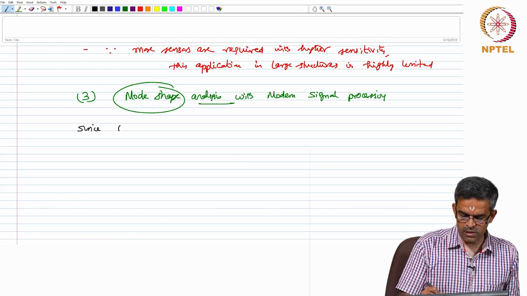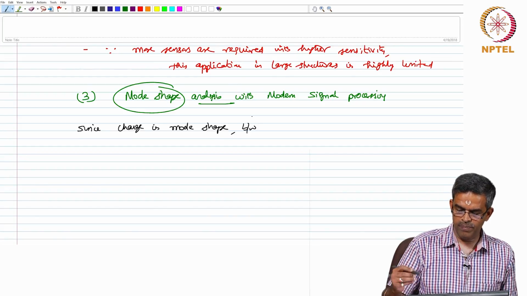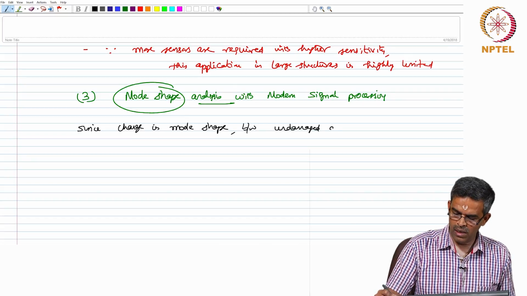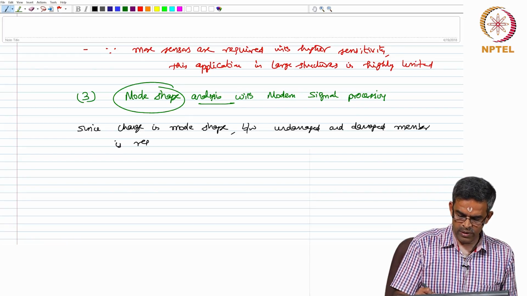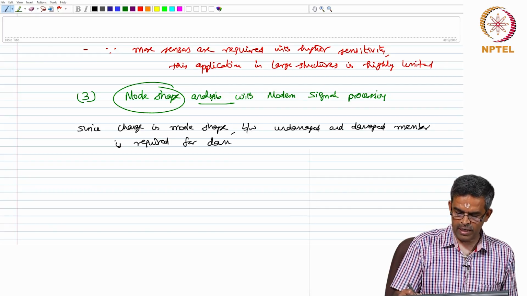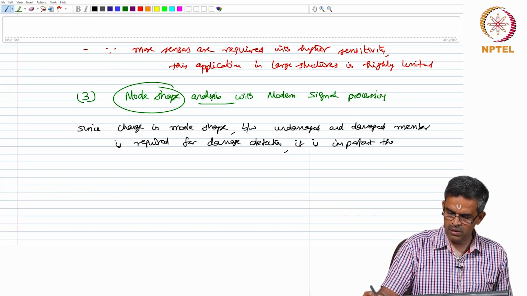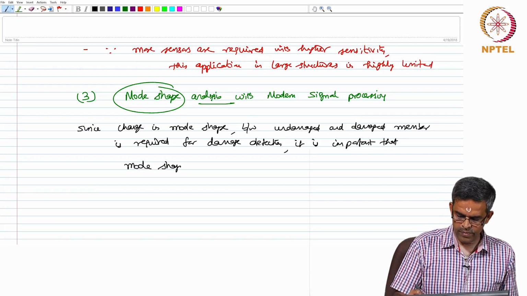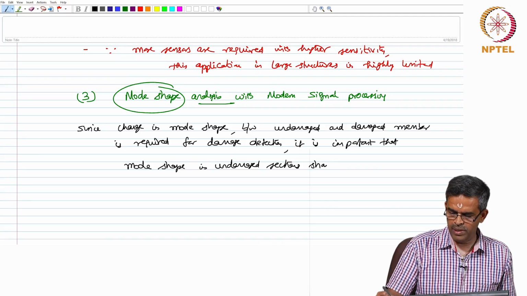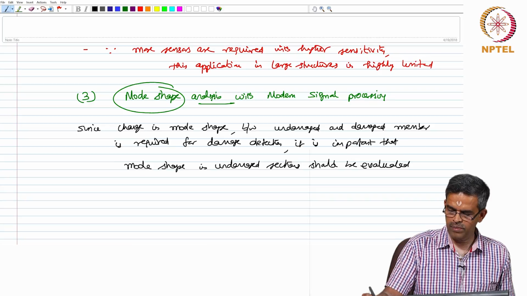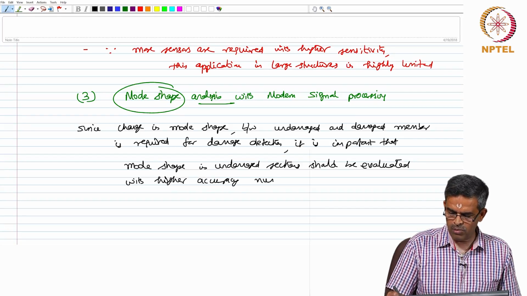Now, interestingly friends, since change in mode shape between undamaged and damaged member is required for damage detection, it is important that mode shape in undamaged sections should be evaluated with higher accuracy numerical model.